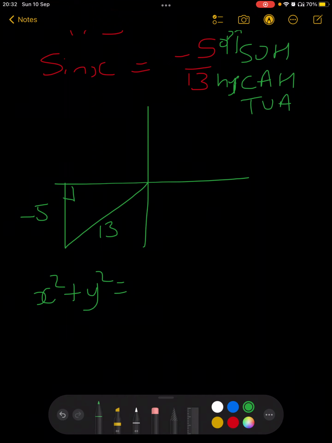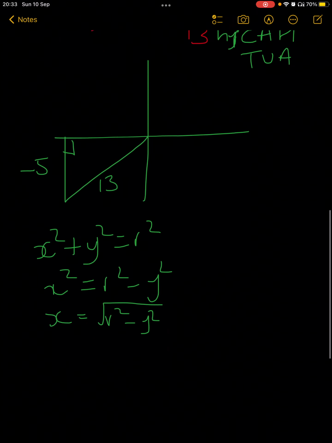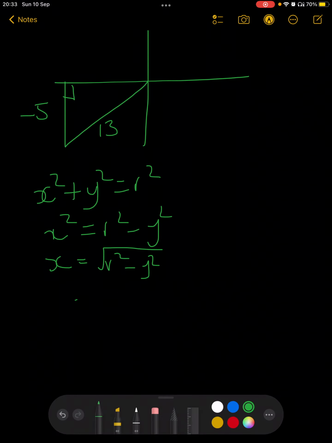x squared plus y squared is equal to r squared, and x squared is equal to r squared minus y squared, and x is equal to the square root of r squared minus y squared. And if we substitute our values here, this should give us 13 squared minus negative 5 squared, which is equal to a plus or a minus.